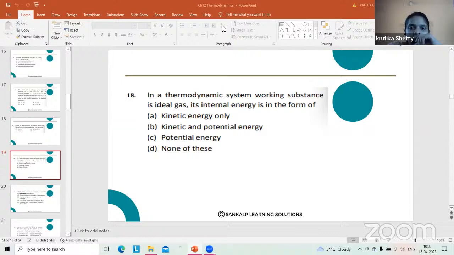Its internal energy is in the form of kinetic energy only, kinetic and potential energy, or none of these.